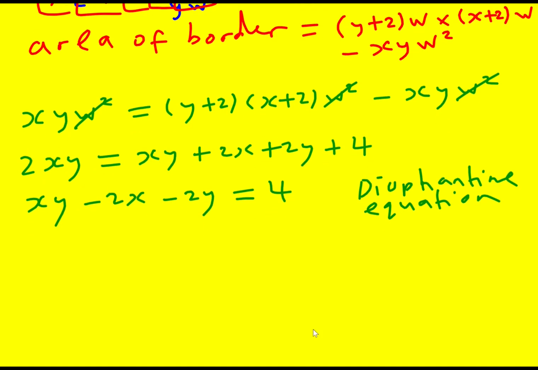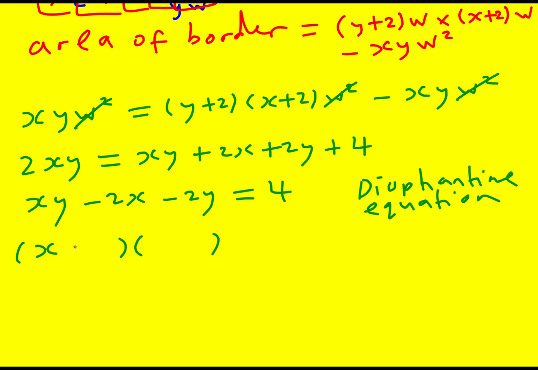And here's one way of going about solving it. We can try to factorize the whole thing equal to 0. That is a standard approach for quadratics, but here we have 2 unknowns, so it's not going to work in the same way. But it will still partially work because what we had before was very close to what we need. We had y plus 2 and x plus 2.